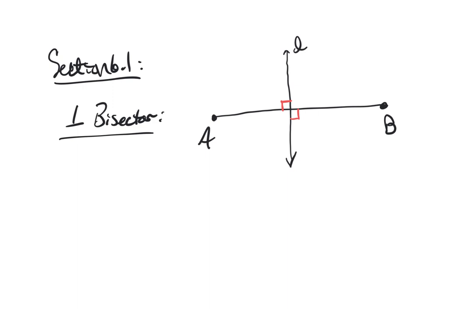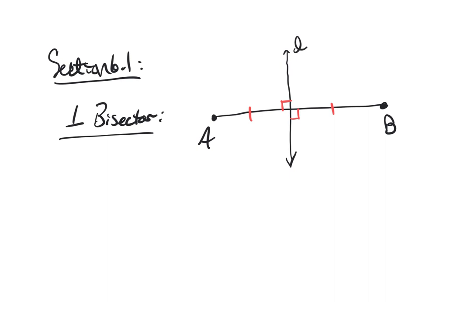And number two, we're going to draw a line that bisects or cuts into two equal parts the segment that we started with. Okay, so it's going to do two things, perpendicular and bisect.